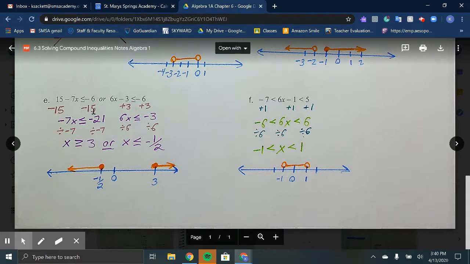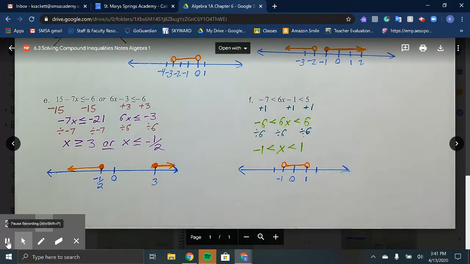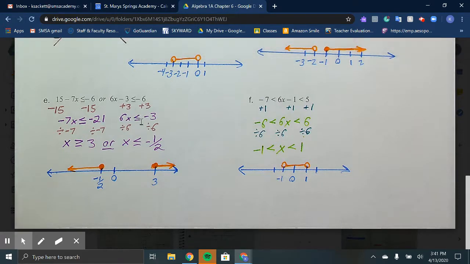So subtract the 15 from each side. Negative 7x is less than or equal to negative 21. Divide both sides by the negative 7, so we have to flip the inequality, and x is greater than or equal to 3. On the other side, we have to add the 3 to each side. After we add the 3 to each side, we're left with 6x is less than or equal to negative 3.